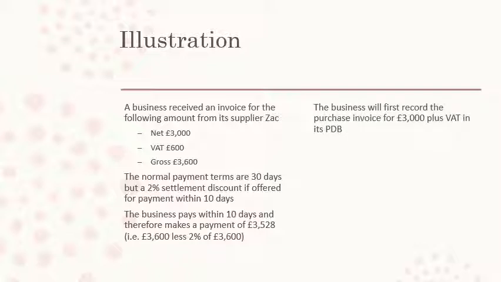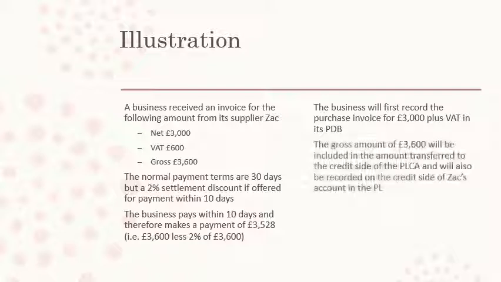So the business itself, once it received that original invoice, would have recorded the purchase invoice of £3,000 plus VAT in its purchase daybook. That amount would then have been transferred into the general ledger.